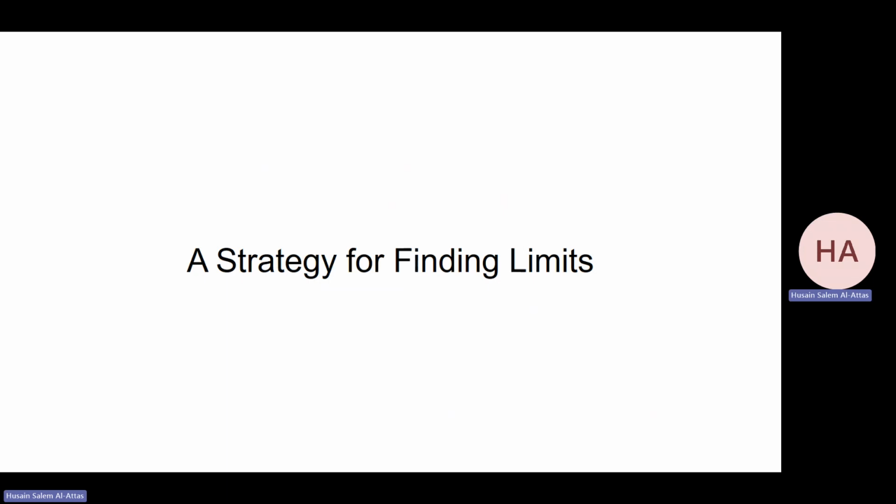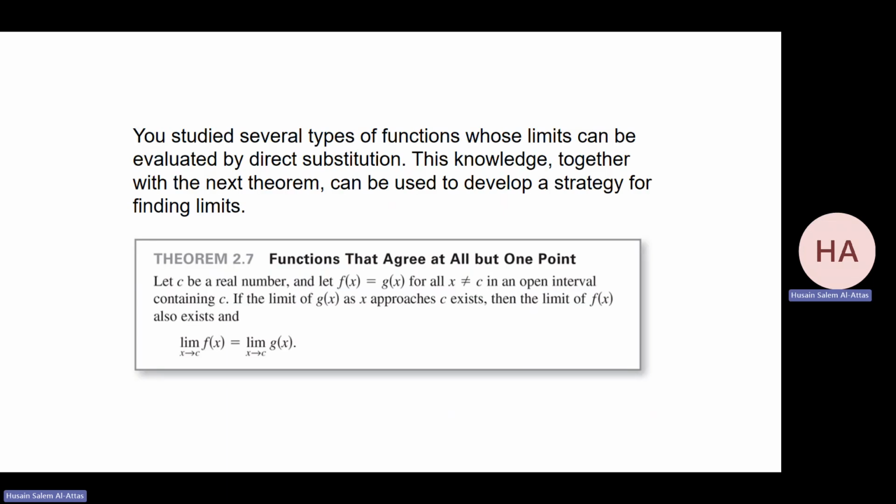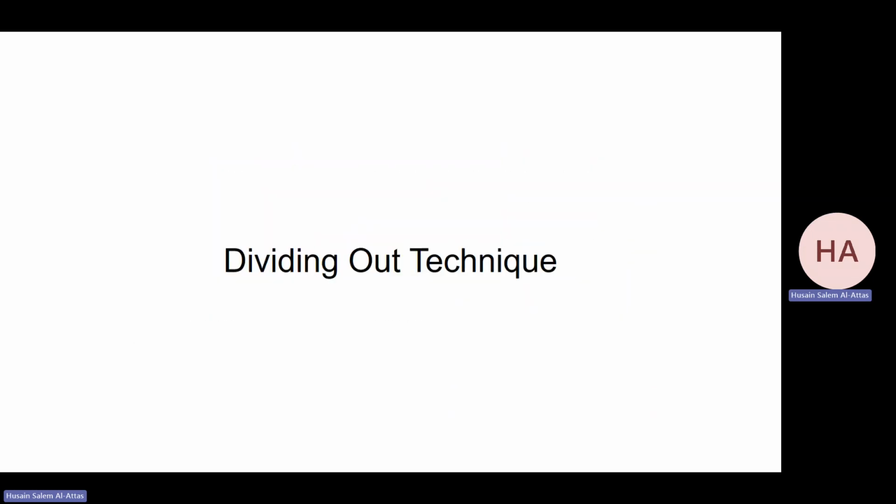If we get 0 over 0, there are some strategies. Mostly they depend on this: if two functions agree except at one point, and the limit of g of x as x approaches c exists, then the limit of f exists and is equal to the limit of g. How to do that?